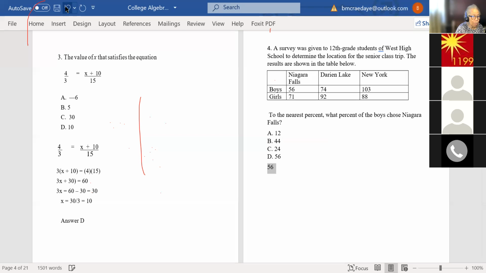Okay, so you take the 56, divide that by the sum, and I'll just put here 56 plus 74 plus 103. What did you get, Audrey?